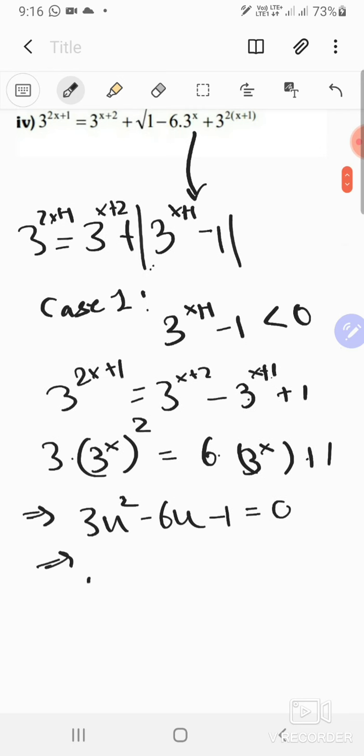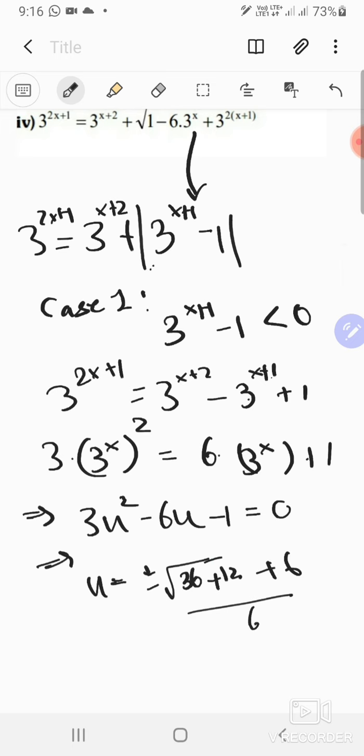So that will give me u equals plus or minus the square root of this thing squared, like 36, minus 4 into that, so it's only plus 4 into this, just 12, plus 6, upon 6, I guess.